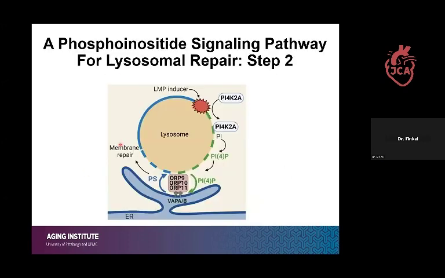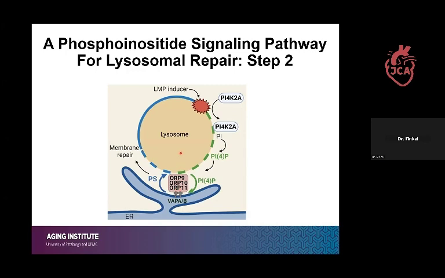So again, I realize this is complicated, but what I've tried to show you so far is damage, kinase recruitment, PI4P generation. This PI4P then serves as a signal to the cell that the lysosome was damaged and allows the recruitment of these tethering proteins. These tethering proteins then allow this damaged lysosome with PI4P on its surface to be bound on one end, and the endoplasmic reticulum to be bound on the other end.